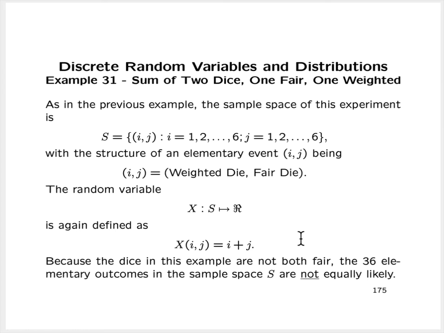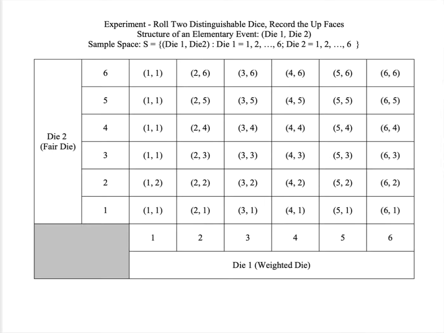Now, because the dice in this example are not both fair, the 36 elementary outcomes in the sample space S are not equally likely. Now here I have a table as we had in the previous example, and this shows the sample space, the 36 possible elementary events for this experiment.